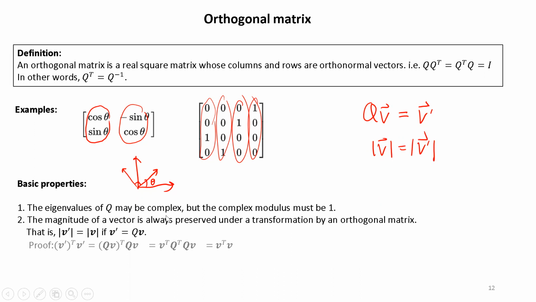It is not difficult to prove. If you take the dot product of this transformed vector with itself, v prime transpose v prime, by definition this equals (Qv) transpose (Qv). The transpose of Qv is given by v transpose Q transpose. So you have v transpose Q transpose Q v. Remember, by definition, Q transpose Q is the identity matrix.